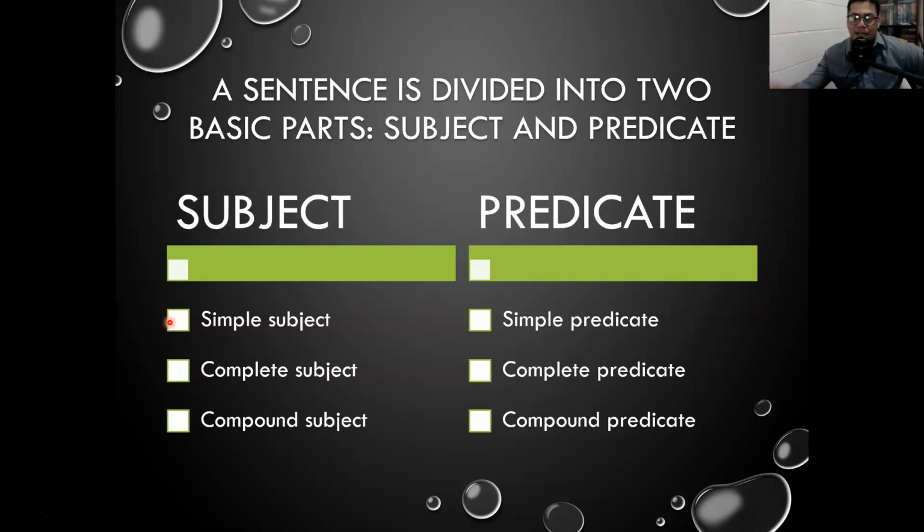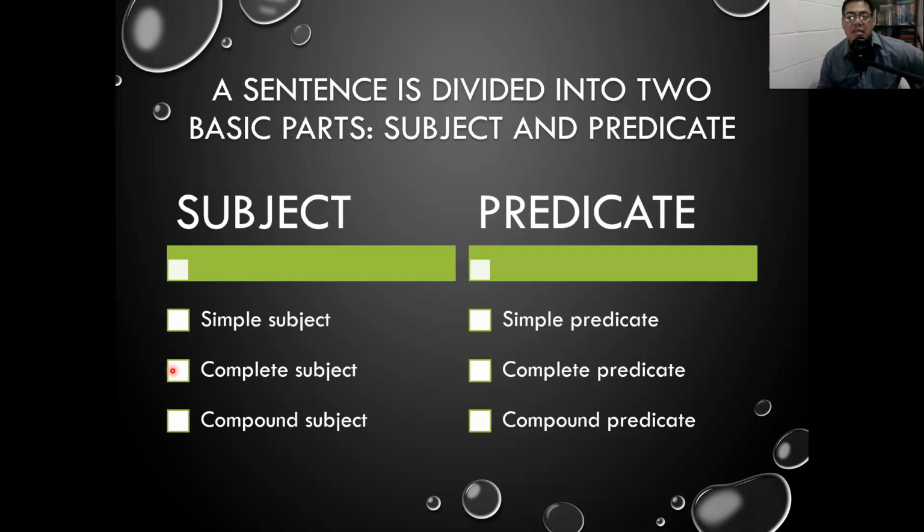Now I already gave you the clues to allow you to understand what a complete subject is. A complete subject is the simple subject plus its modifiers or complements. A modifier is normally an adjective, yes, but it could also be a relative clause, and it could also be a prepositional phrase, right?